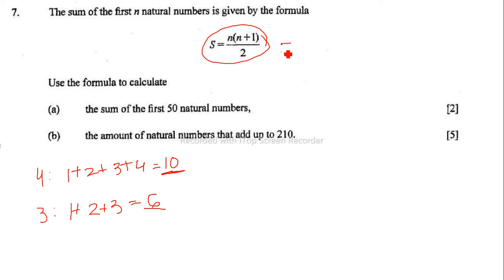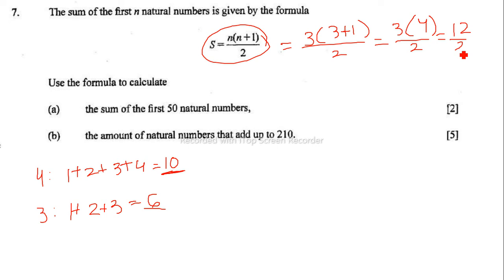So S is going to be equal to 3 multiplied by (3 plus 1), all over 2. So it's 3 times, what is 3 plus 1? 4. 4 all over 2. What is 3 times 4? 12. 12 all over 2.